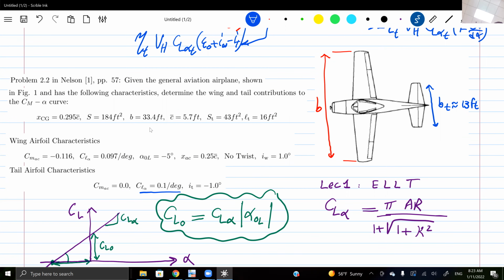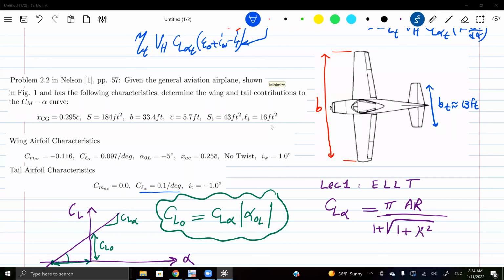So by knowing the actual B and the measured B, you get the scale of the entire drawing. Once you have the scale, you measure B tail using your ruler, multiplying by the scale that you got. So you get the actual B tail. On exams, no. On homework, yes.